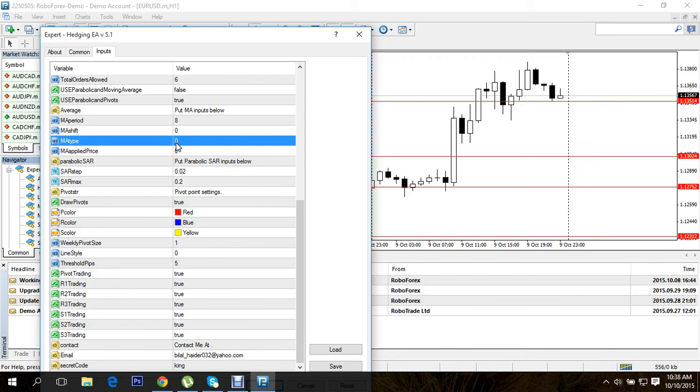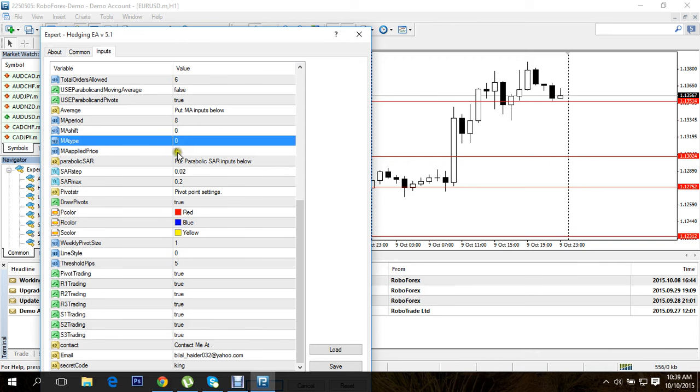This 0 number refers to simple moving average, and 1 to exponential moving average. This information, what number points to what type of moving average, you can find on MQL4 community, reference, MQL4 reference.